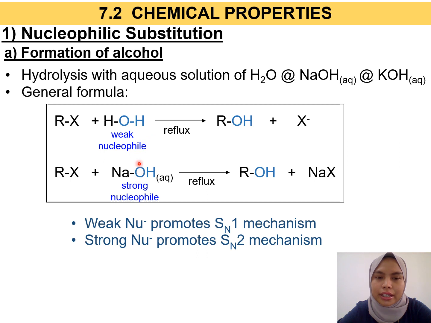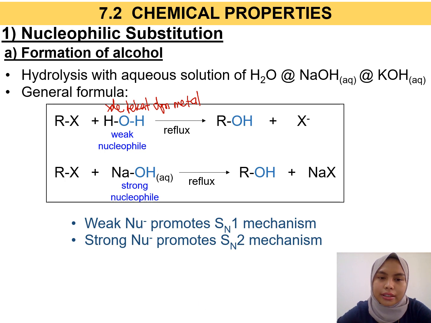Kalau weak nucleophile, you kena tengok, one of the characteristic is dia tak ada metal, tak lekat dengan metal. Tengok ni, HOH, H2O kan? Tak ada metal langsung. So that's why it's a weak nucleophile. Kalau strong nucleophile, contohnya NaOH.